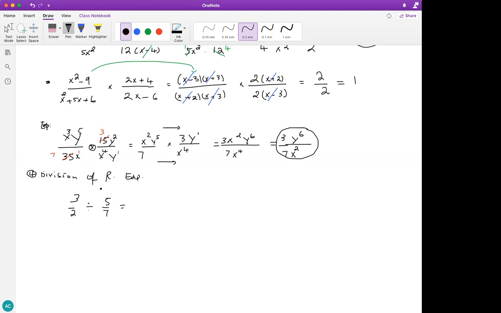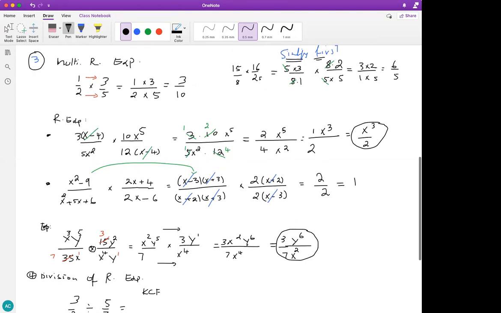Keep, change, flip. That means keep the first one, change the division into a multiplication, and flip the second one. Once you turn this division into a multiplication, you do the exact same thing as here.